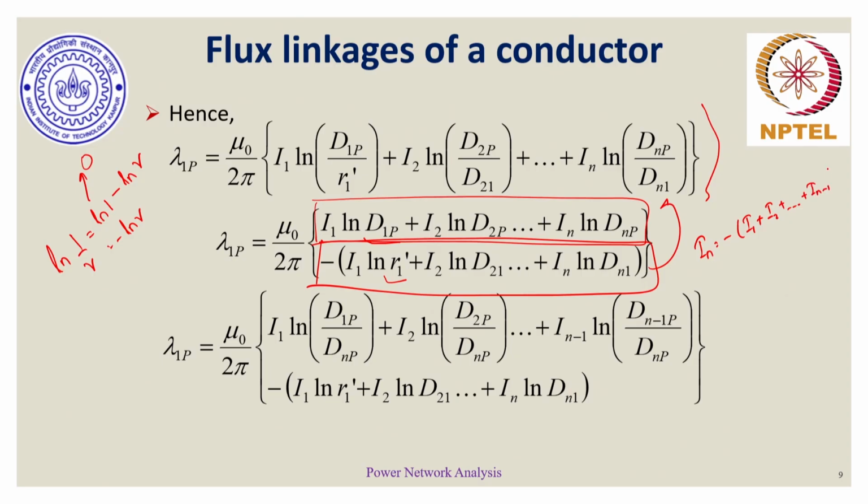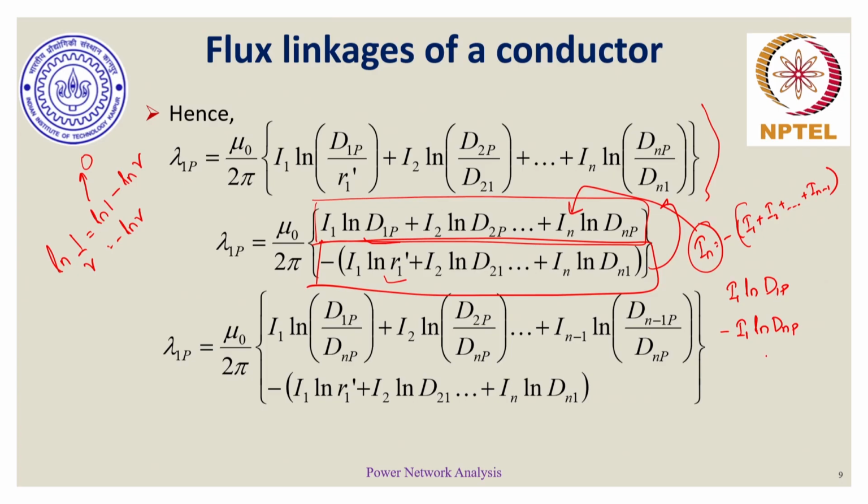If I do that, what do I get? I am putting this substitution only in this term. Focusing only on the first addition, I'll have I1 log of D1P, and the other term which comes from over here is minus I1 log of dNP.